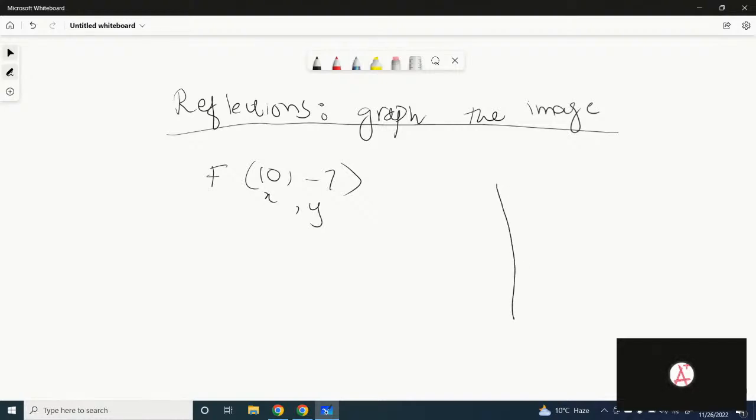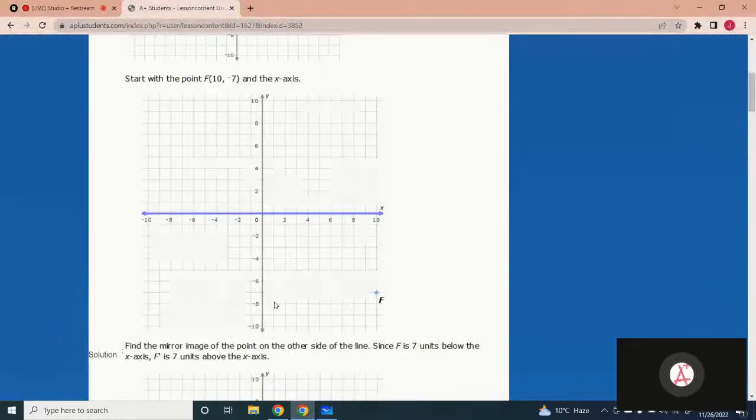Let's suppose here is x equals 10, and y is 5, 6, 7, and here you have negative 7. Here is the point, 10 and negative 7. You have to reflect over the x-axis.